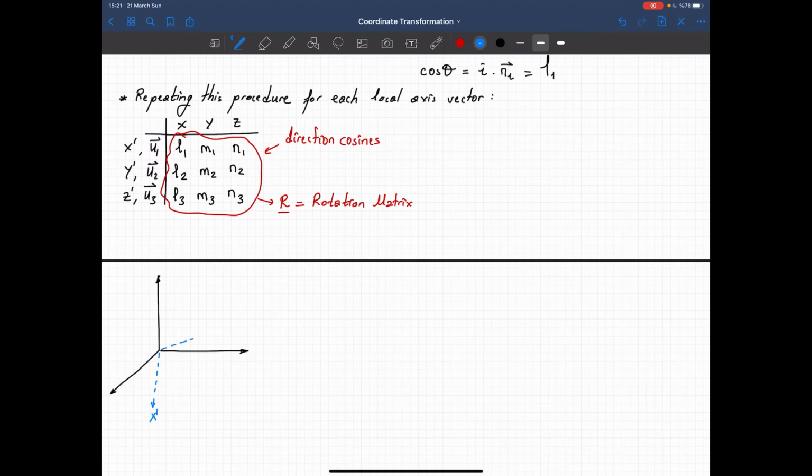That's X prime, Z prime, and Y prime. Now on the global axes I have displacement U, displacement V, and displacement W.